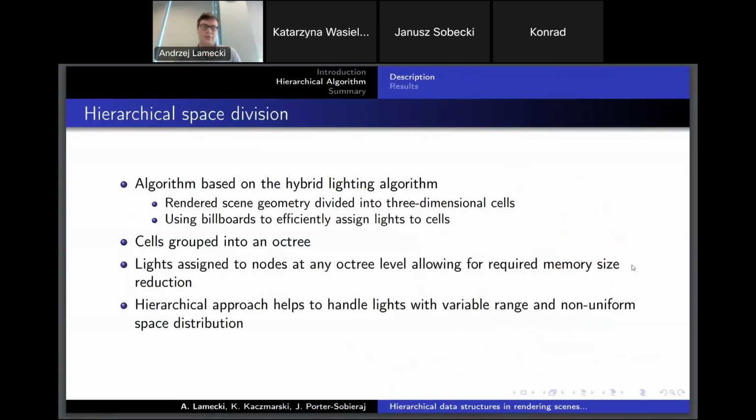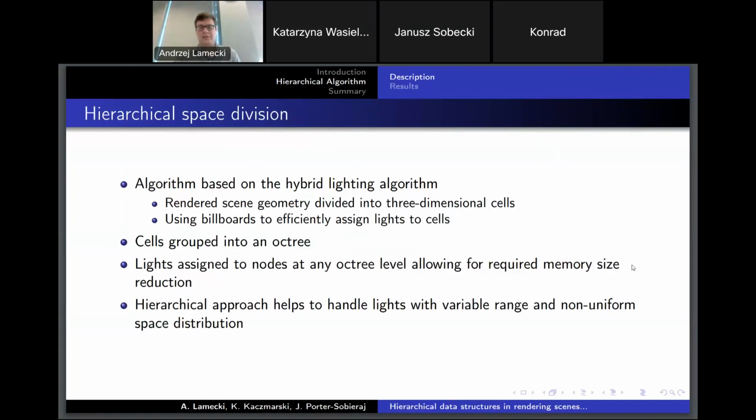Now I would like to describe our proposed algorithm, which uses hierarchical space division. The algorithm is based on the hybrid lighting algorithm, which means that we divide the rendered scene into three-dimensional cells, and we use billboards to efficiently assign lights to cells alongside the graphics pipeline.